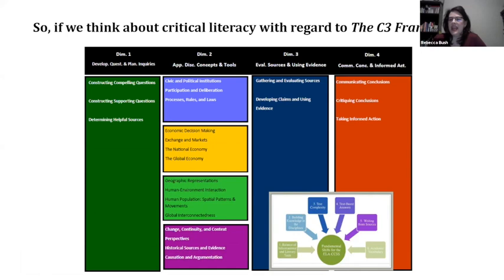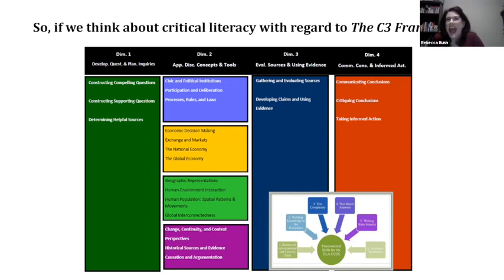This is just a quick diagram that I had put together to illustrate each of the dimensions of the C3 framework, as we think about critical literacy, in addition to all of the other literacies that we're supposed to be juggling at the same time. Dimension one is really around inquiry. Tonight, we're going to be really focusing on dimension 2.